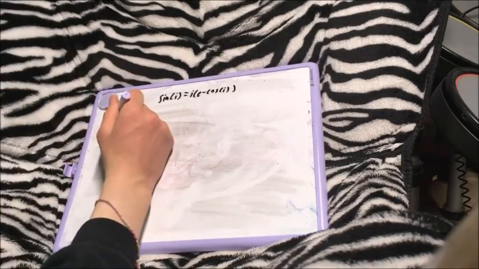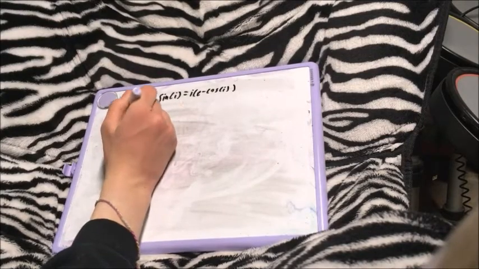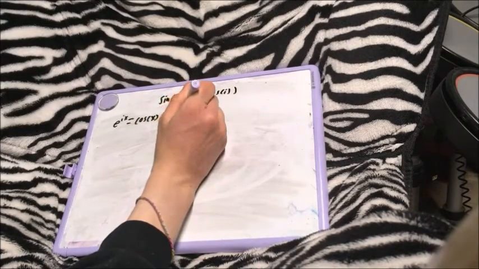Now, knowing that sine of i equals i times e minus cosine of i, we can use this definition for substitution to help with finding sine of i. Now, if we remember, e to the ix is equal to cosine of x plus i sine of x.